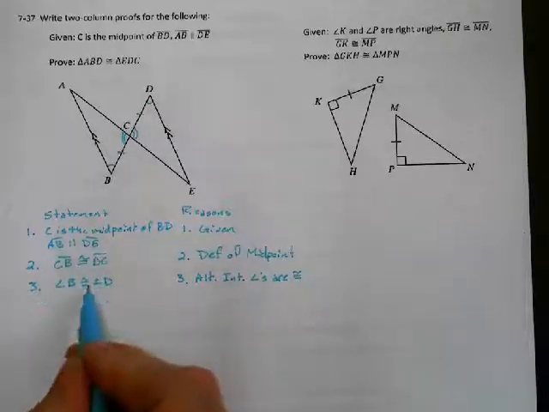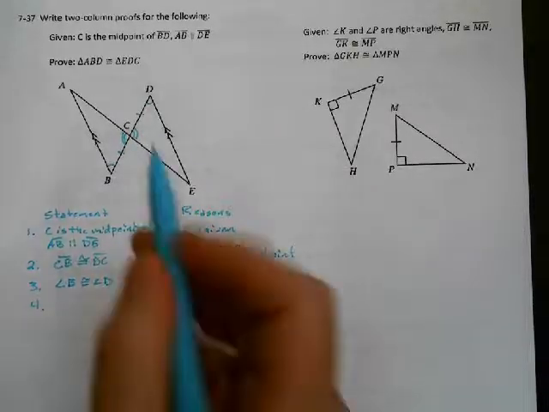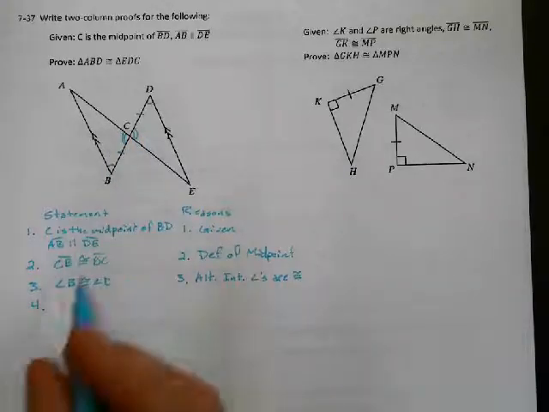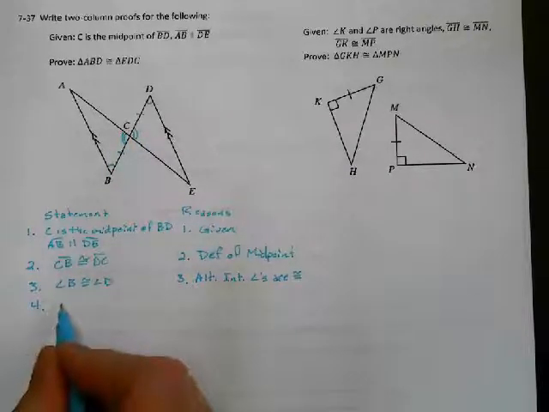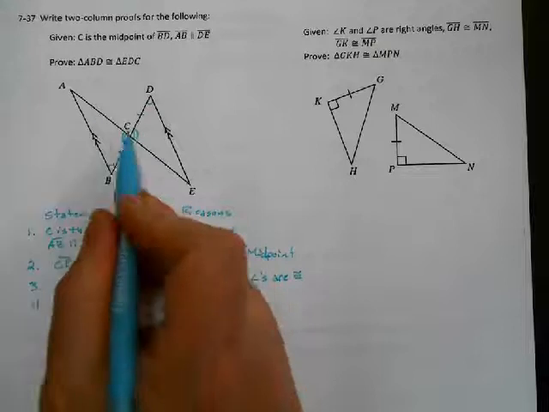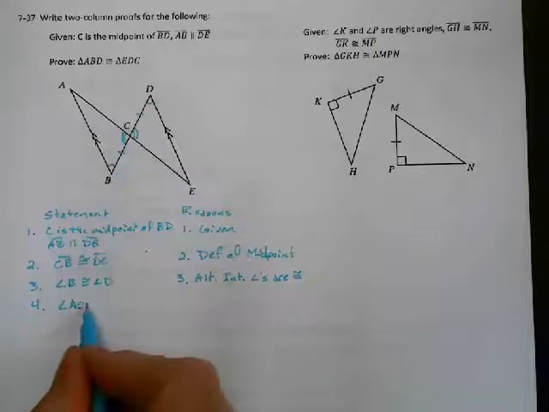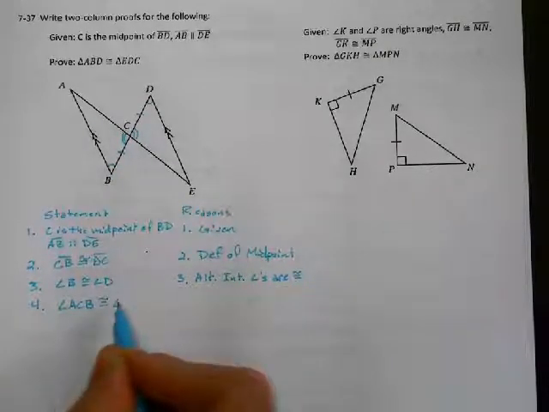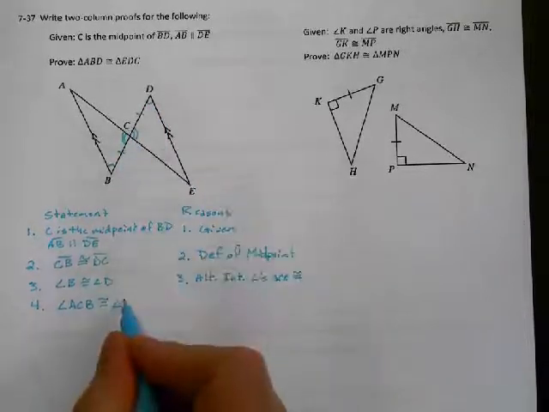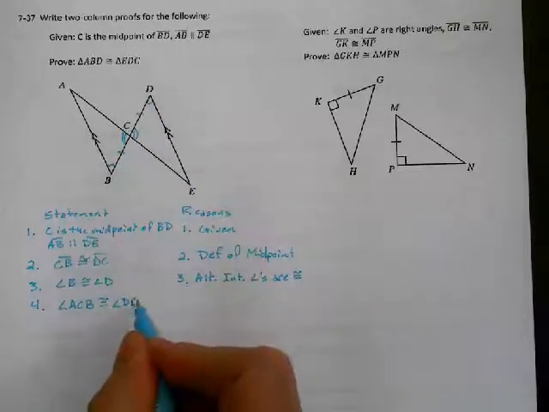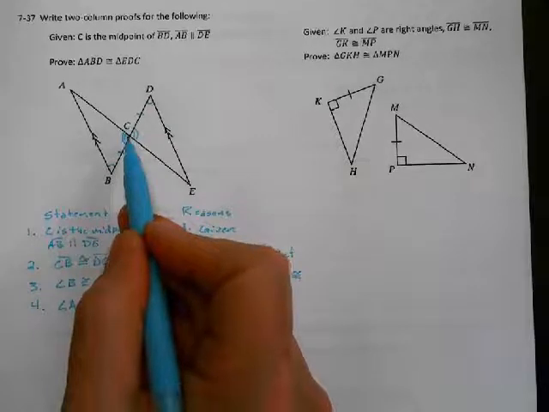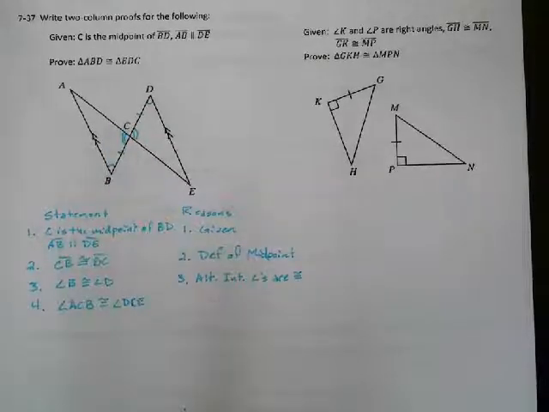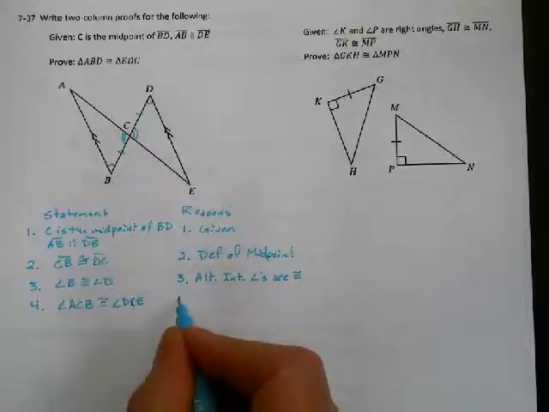The third thing we said is going to be congruent is these vertical angles. So we're going to call this one angle ACB, and that's going to be congruent to angle DCE. We have to use three letters because if you just said C, we wouldn't know which of these angles you're talking about. And that's vertical angles are congruent.